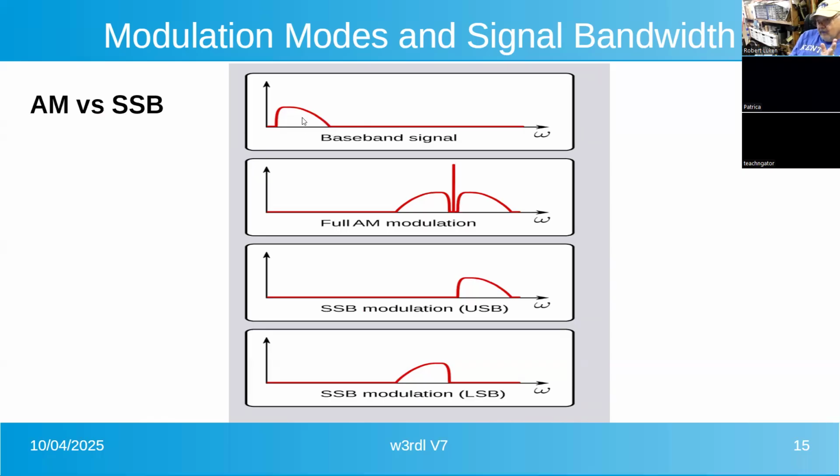Women tend to have more energy towards the higher end, at least the average woman. And that's sometimes why I have to have hearing aids on in order to hear some women, because it's too high.